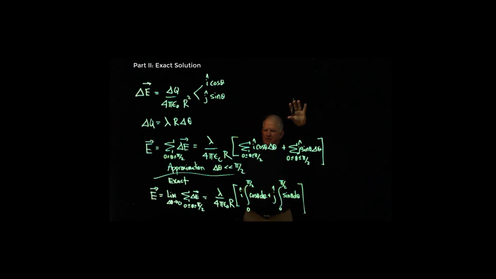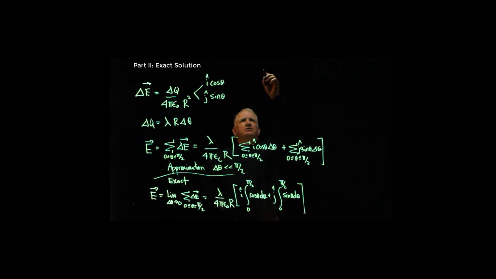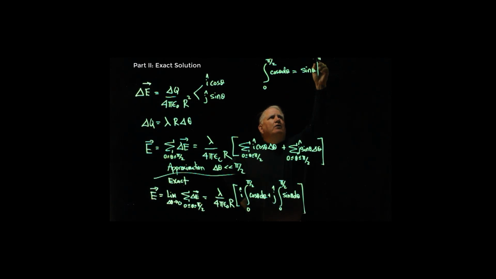And now if I come up here to execute these two integrals, like I said, you've done this before many times, I'm sure. Cosine theta d theta turns into sine theta evaluated from 0 to pi over 2. Sine of pi over 2 is 1, sine of 0 is 0, so this is 1.